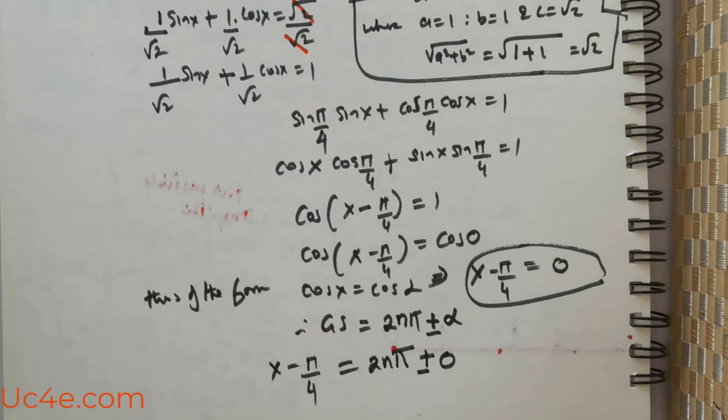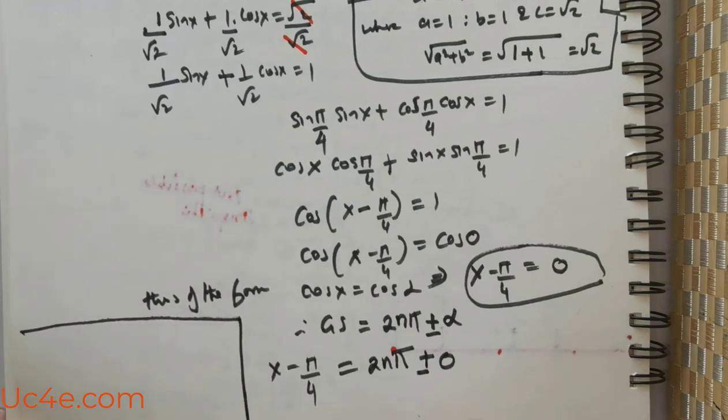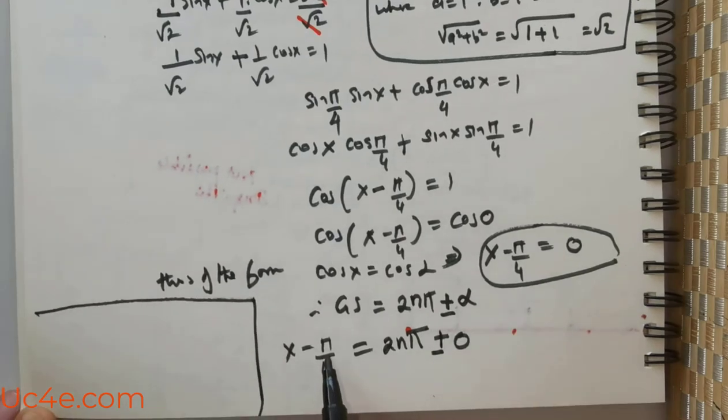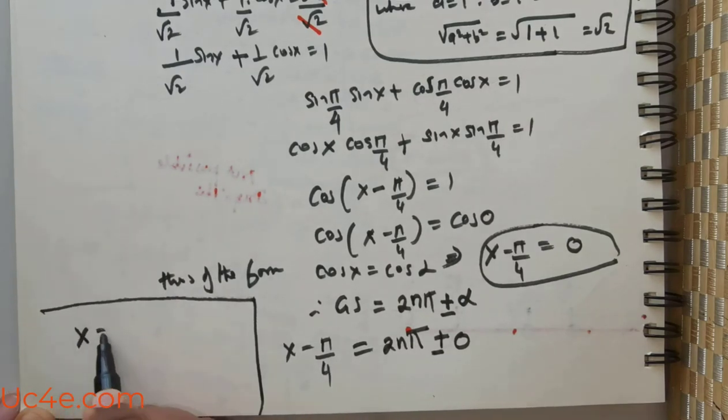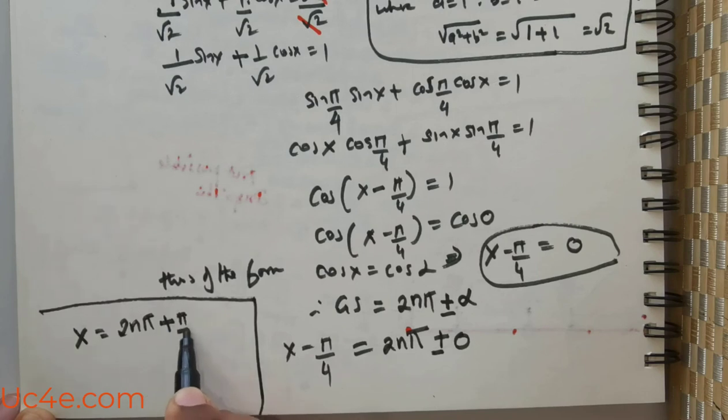This can be further rewritten as, if I were to push this pi over 4 to the other side, I would get x is equal to 2n pi plus pi over 4. So this is the general solution where n is an element of Z.